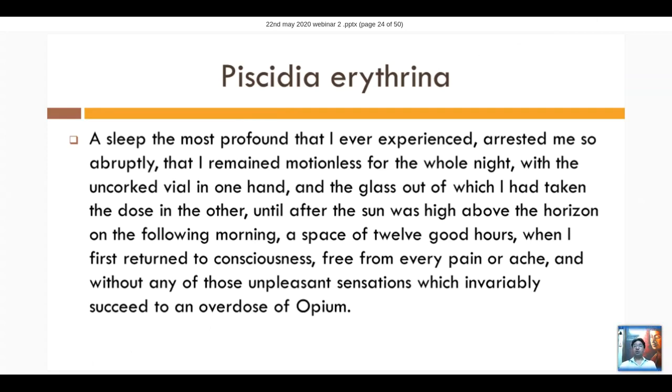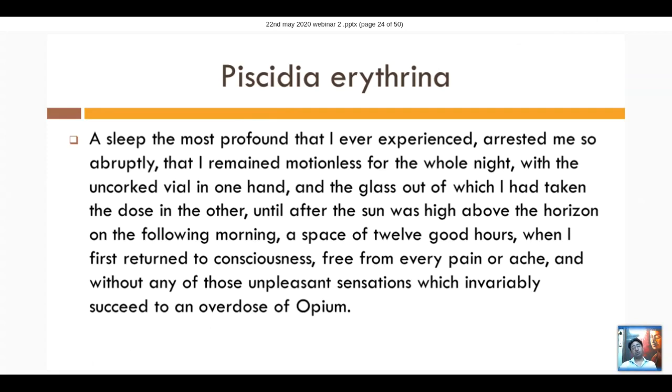Sleep the most profound that I ever experienced arrested me so abruptly that I remained motionless for the whole night, with the uncorked vial in one hand and the glass out of which I had taken the dose in the other, until after the sun was high above the horizon on the following morning, a space of 12 good hours, when I first returned to consciousness.